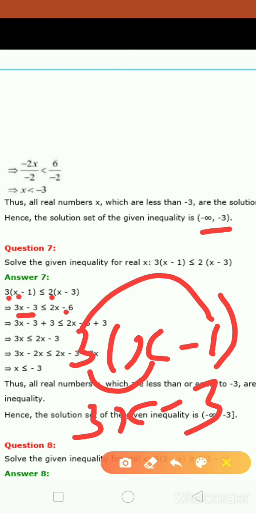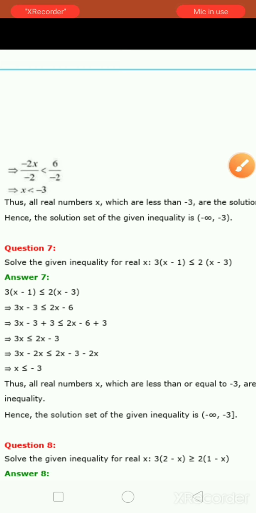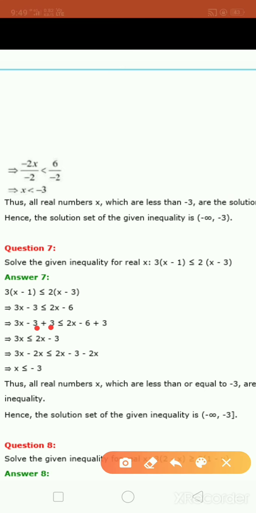So again the same step. What you will do here is, you will remove one number here, any one, minus 3 or minus 6. If you want to remove the minus 3 here, you just add plus 3 on both sides, not only one side. If you are adding or subtracting or dividing or multiplying, you have to do it for LHS as well as RHS. So you will get 3x is less than 2x minus 3.